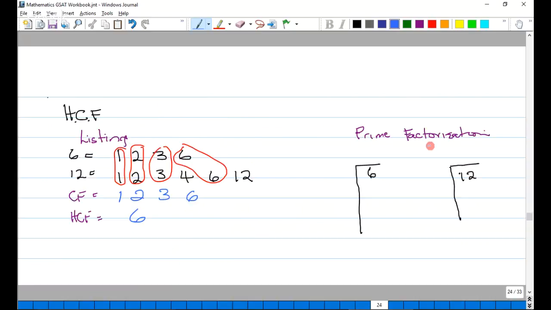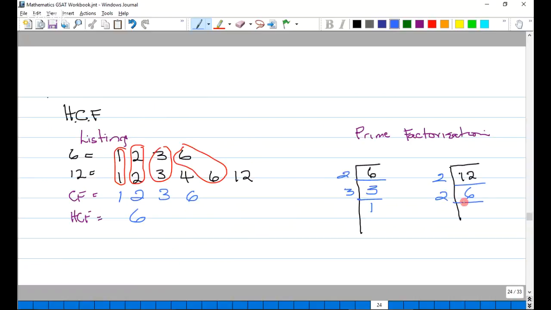All right. Then we have the prime factorization method now. We're going to find all the prime factors of 6 and all the prime factors of 12. So using the smallest prime, 2 can go into 6 how many times? 3 times. And then what do we use now? 3. And then we have 1. So let's go with the 12. 2 into the 12, 6.